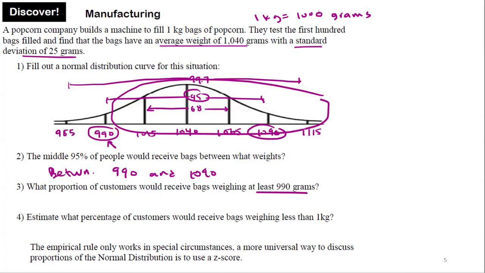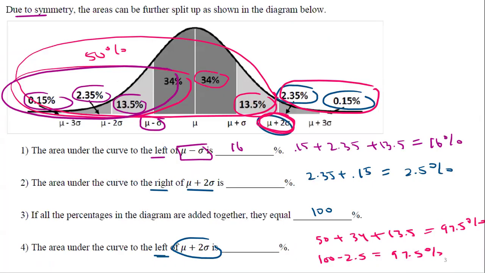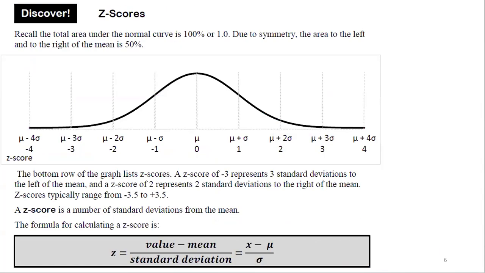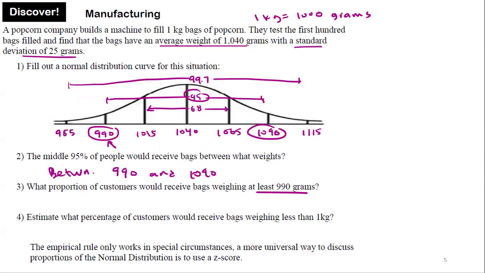So go back to our previous slide. That would be the 13.5 all the way to the right. Everything all the way to the right here. Okay, so we have 13.5 plus the 34%, and then half of that is 50%.